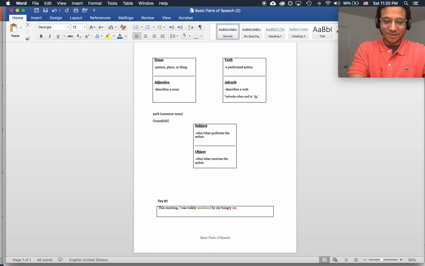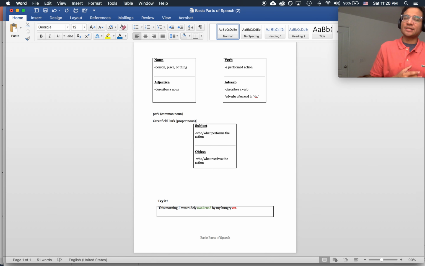I don't know, I've never heard of such a place, I just made it up. This is a proper noun. So a proper noun is a more specific version of the noun. A common noun is just more generic, and proper is more specific, okay? And that's when you capitalize. Same thing, if I say the word president, that's a common noun. But if I say President Kennedy, that's a proper noun, and it is capitalized then.